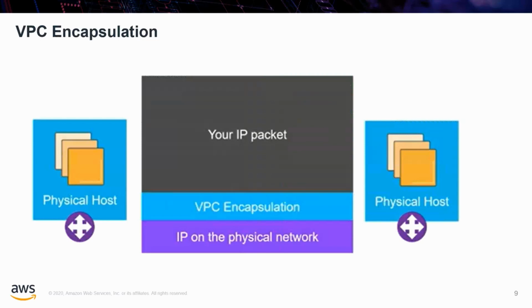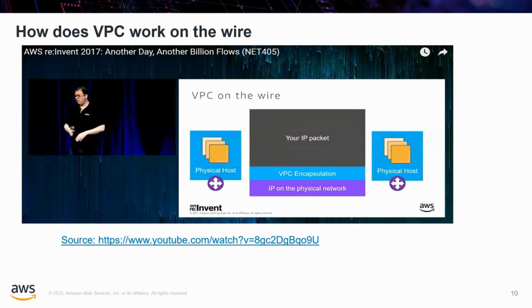And that server's router, every server in fact has a router on the modern AWS Nitro systems, and these routers basically remove this encapsulation and then pass on the IP packet to the container or the EC2 instance.